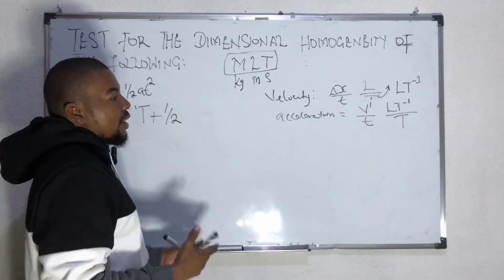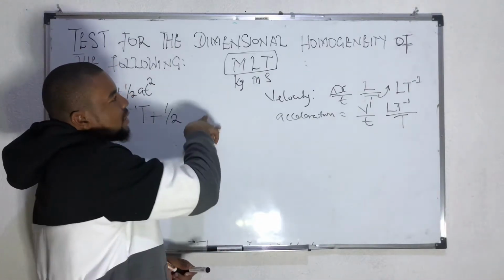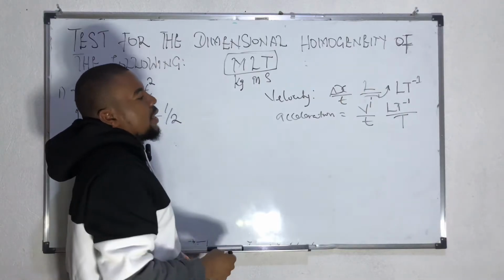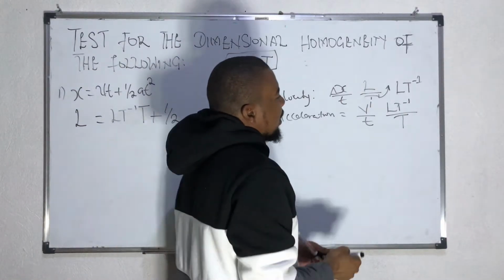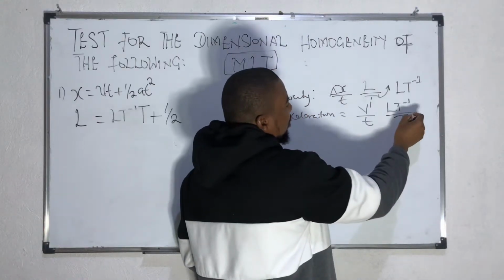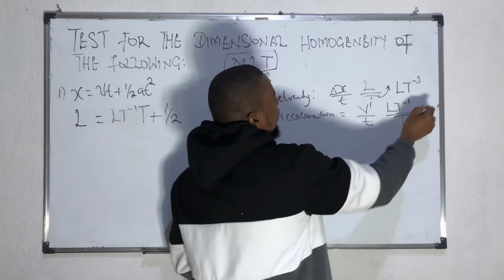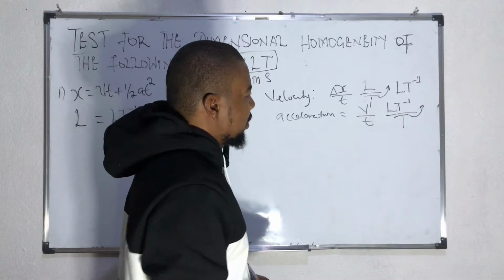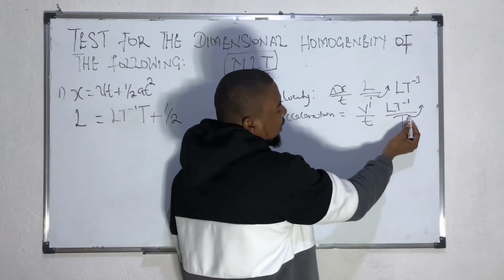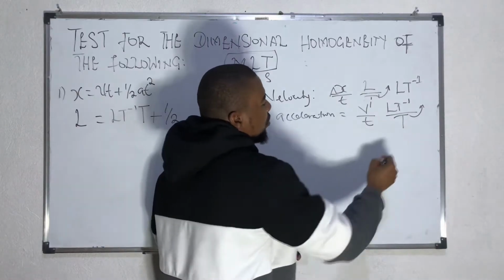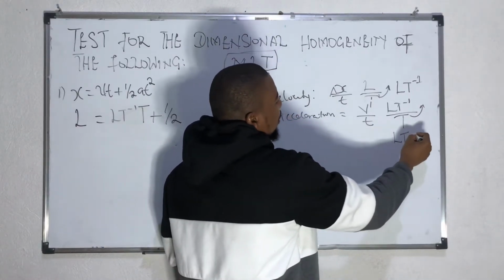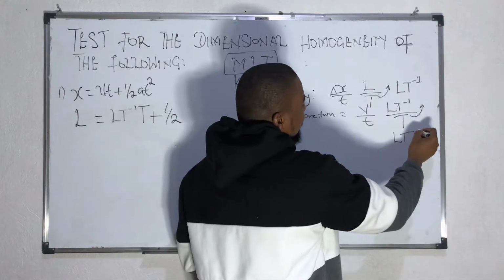They are kind of related, but when it comes to testing for dimensional homogeneity, we mostly use the dimensions. Now, remember what I told you initially, that you can transpose this T from the denominator and it goes upwards. At the denominator, it has a positive value. So if we take it upwards, it's now going to be L T to the power negative 1.